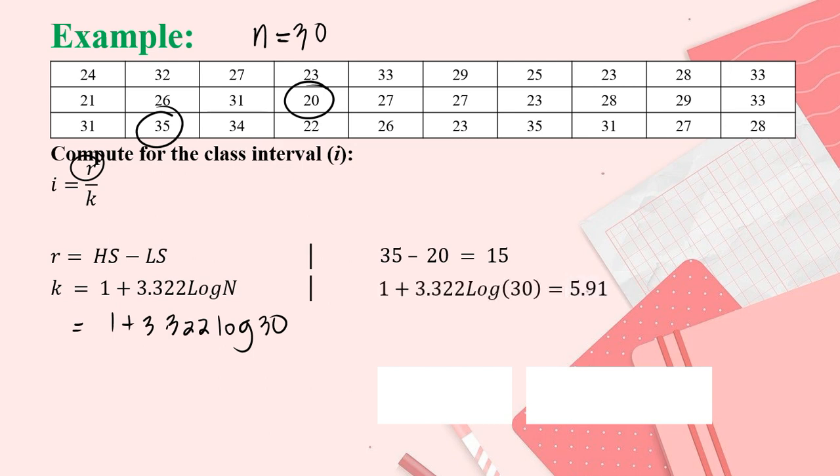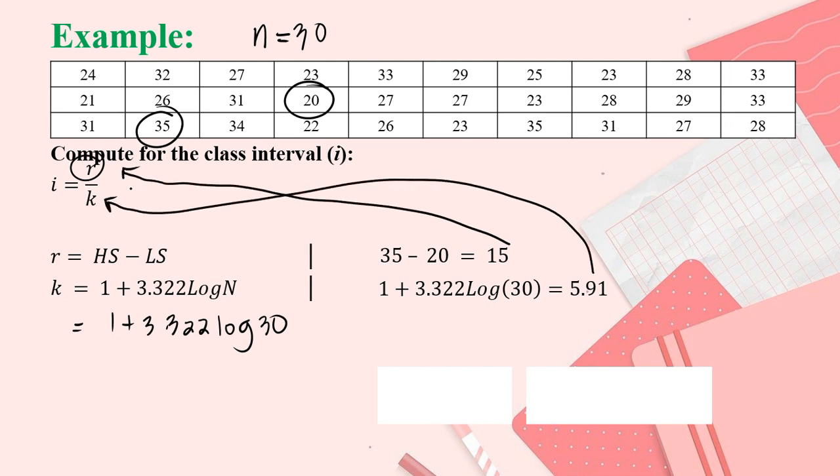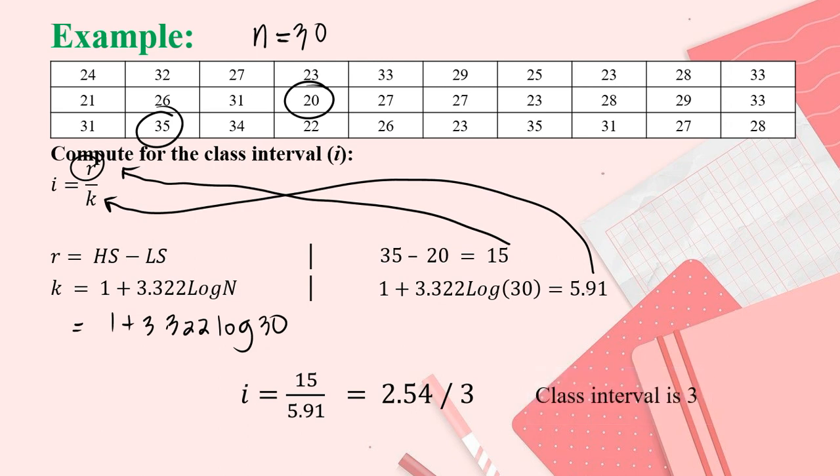We get 5.91, which will be our K. So 15 is our R, and 5.91 is our K. To find i, we need to divide 15 by 5.91, which is equal to 2.54. Rounding it off, we have 3. So our class interval is equal to 3. The interval of each class is equal to 3. So that is our first step in making the FDT.